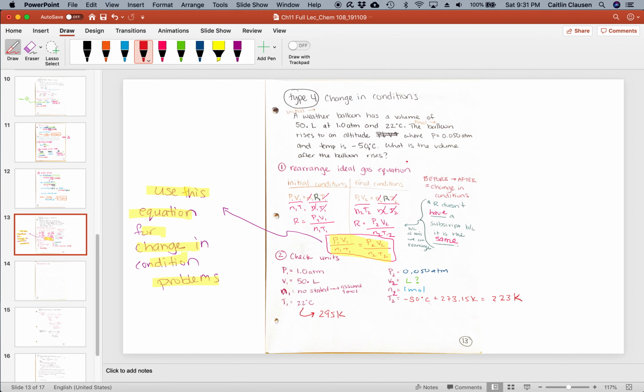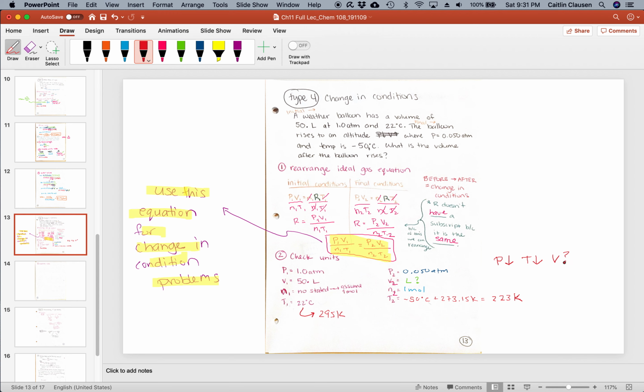So let's look at the changes. We went from 1 atmosphere to 0.05 atmosphere, so our pressure went down. If our pressure went down and our temperature went from 295 Kelvin to 223, what happened to the volume?